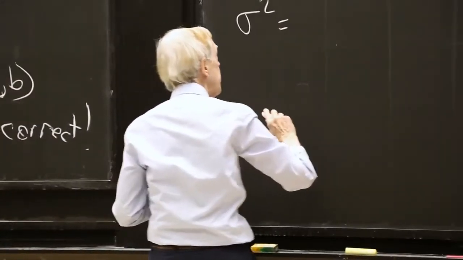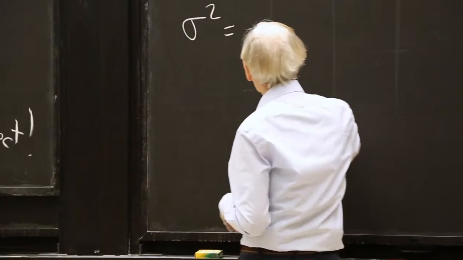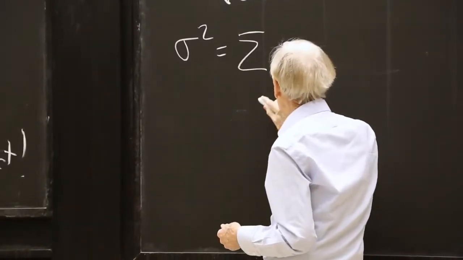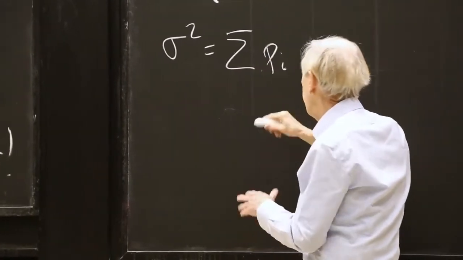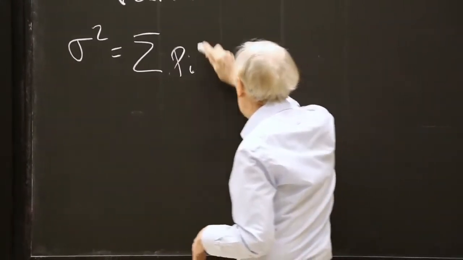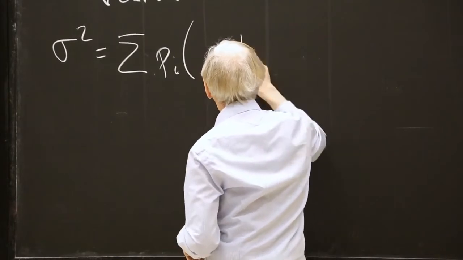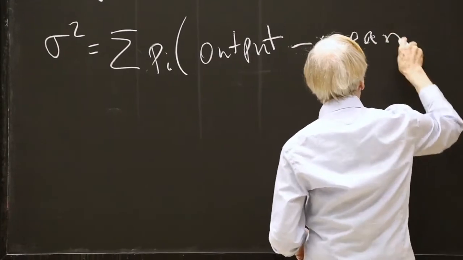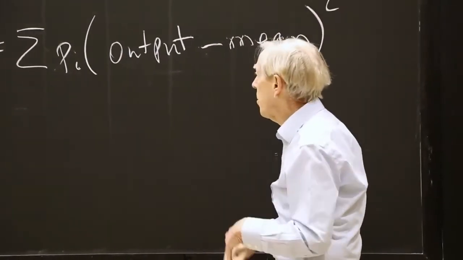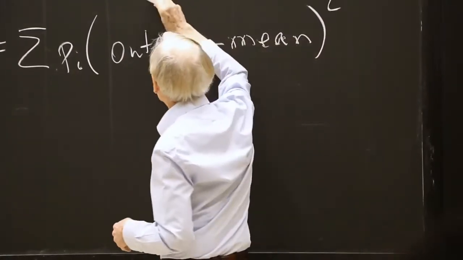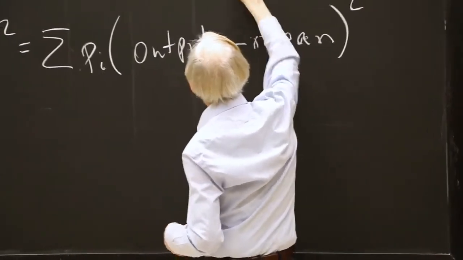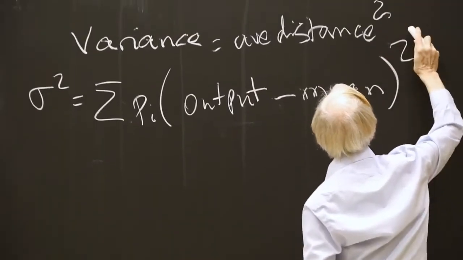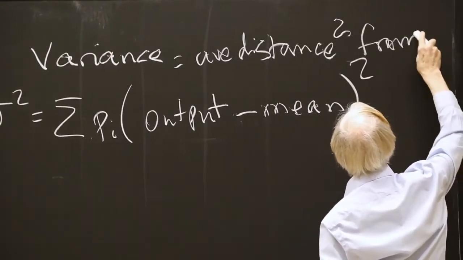So the variance is the sum. One way to do it is add up the different probabilities of different things that could happen of output minus the mean squared. So it's the average distance squared from the mean.